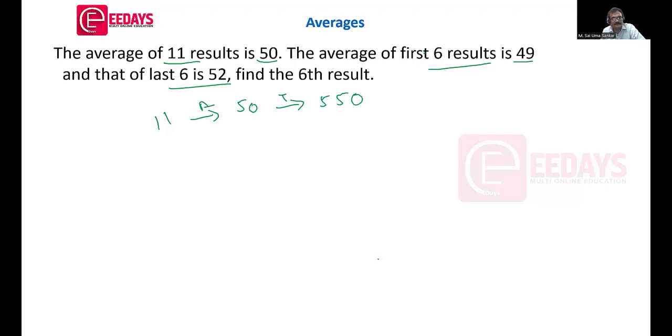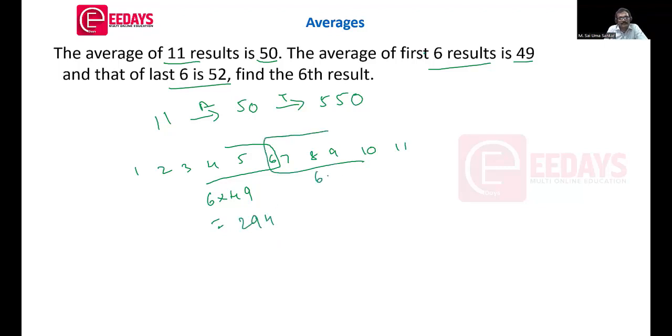Now, 1, 2, 3, 4, 5, 6, 7, 8, 9, 10, 11. The average of the first 6 results is 49. 6 into 49: how to calculate it? The nearest value to 49 is 50. 6 into 50 is 300, 300 minus 6 is 294.